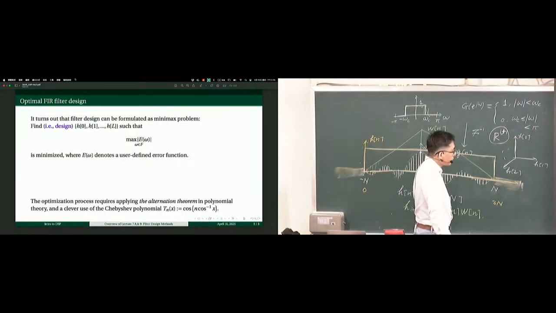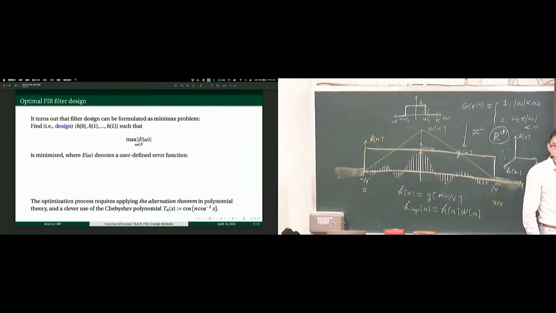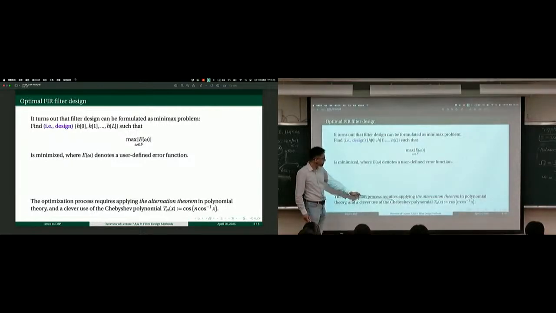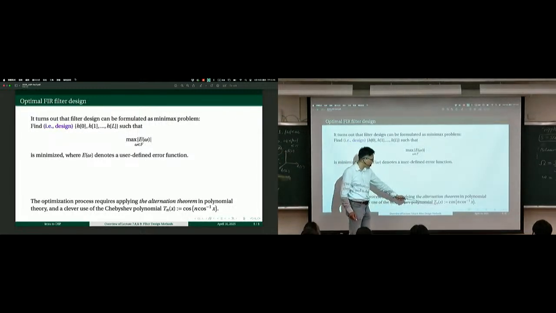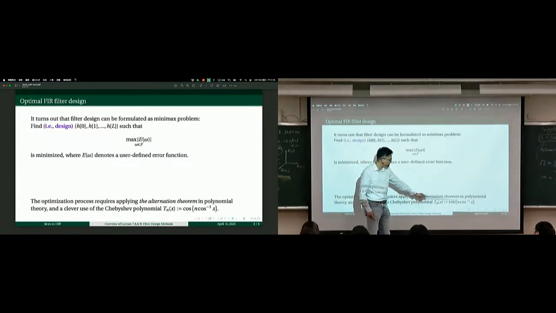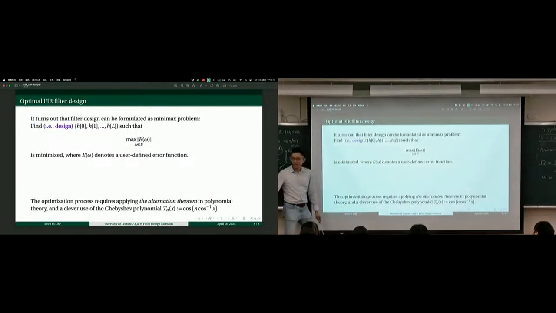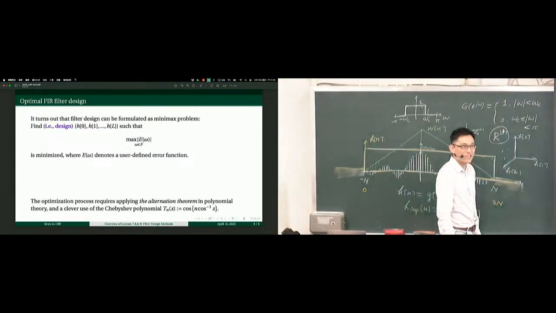The kind of polynomial we're working with is called Chebyshev polynomial, and it does not look like a polynomial at first. Let me explain. The Chebyshev polynomial T of n, the nth order Chebyshev polynomial, is defined as cosine of n times arccosine of x. It's actually a polynomial for any integer n.